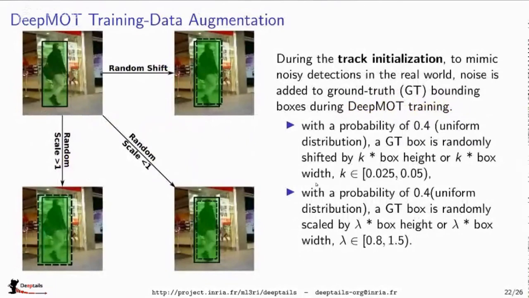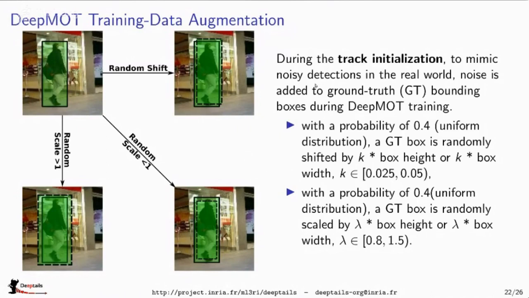And as I said, we use ground truth bounding boxes to train the deep multi-object tracker. Because ground truth bounding boxes are perfect, they fit the objects well. During inference, we don't have the ground truth information. We need to use noisy detections to initialize the track at time t equals 0.